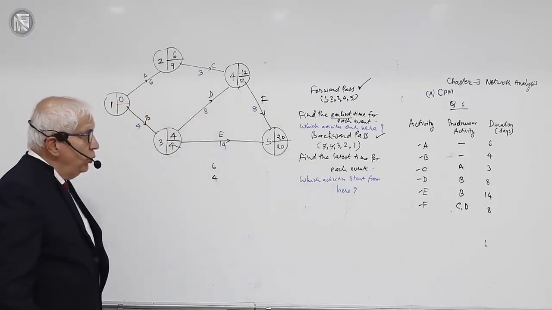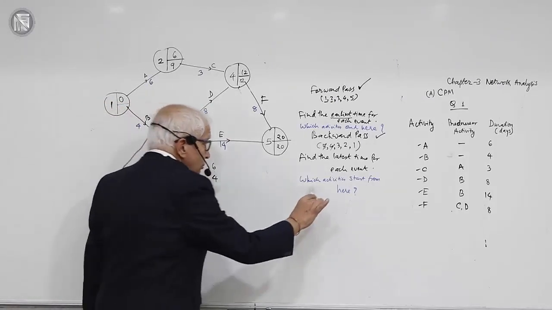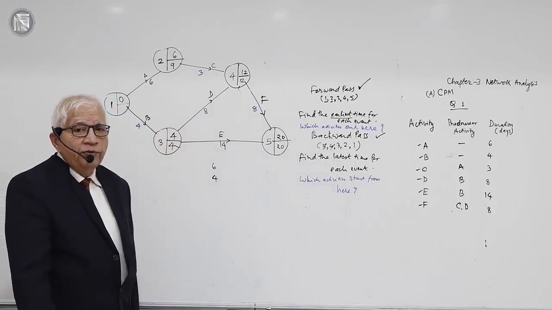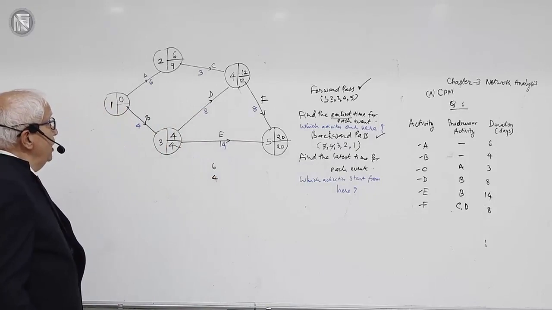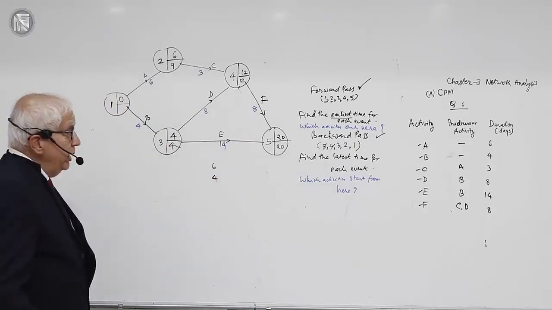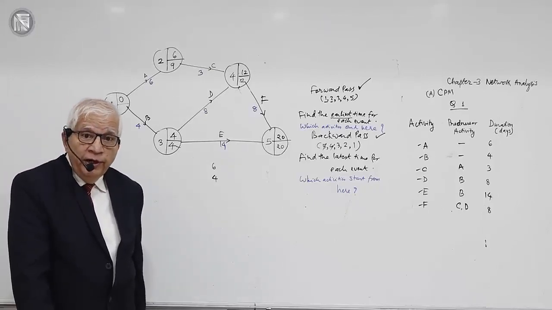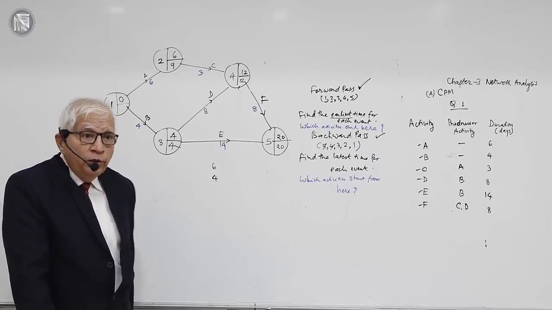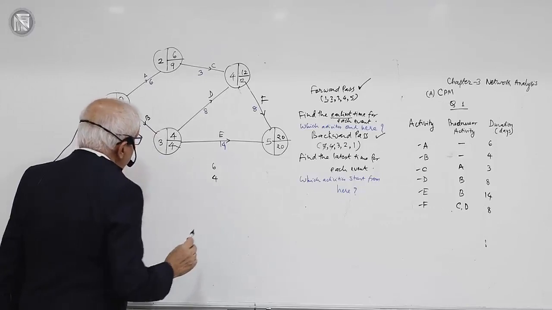I have done the calculation, almost completed. I am coming to event number 1. At event number 1, my question remains the same. Which activities start from this event? Which are the activities starting from event number 1? 1, 2 and 1, 3 or A and B. When there is more than one activity starting from an event, do both the calculations and pick up the lower of the two numbers. Now look at this. 1, 3.